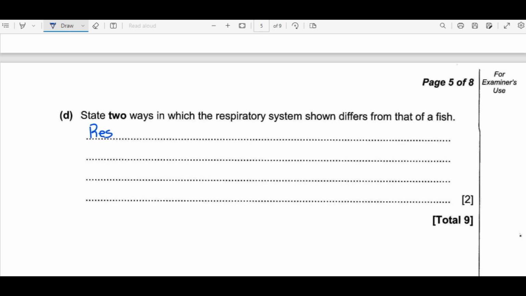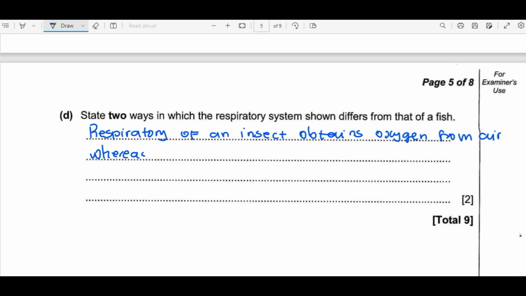So we'll say respiratory system of an insect obtains oxygen from air, whereas that of fish obtains oxygen from water.